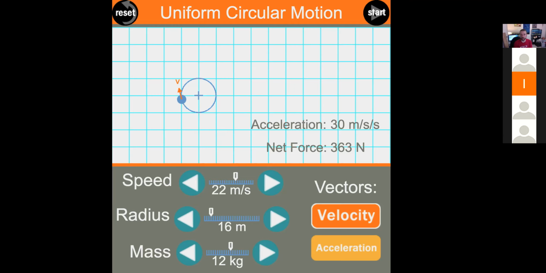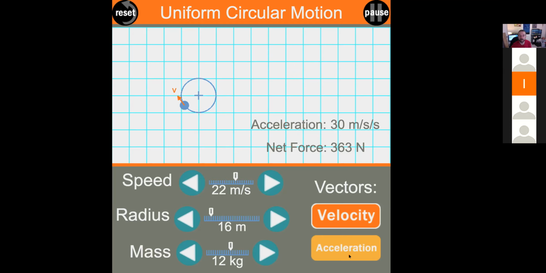Because what's happening here is that the velocity is constantly changing. Okay. All right? Because the velocity vector is pointed in this direction, but it's actually traveling around the circle. What's happening is that this velocity is constantly changing, is being pulled into the middle by the force that you are exerting on it with the string.